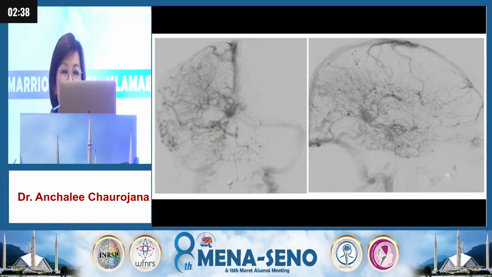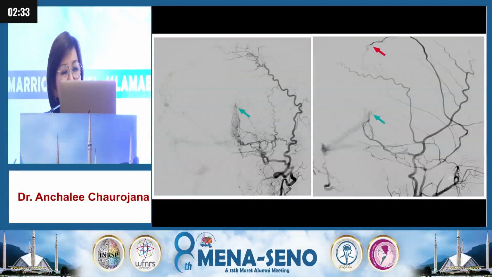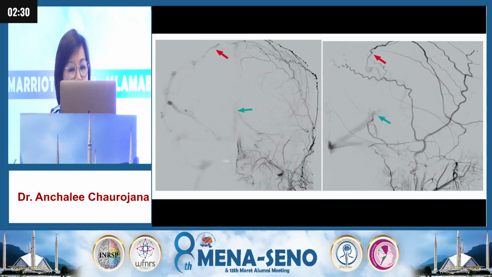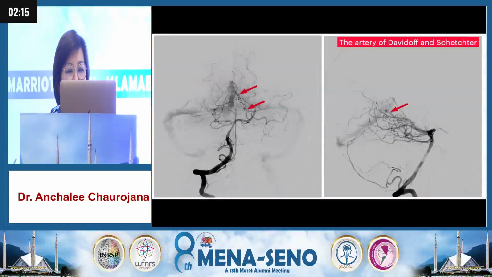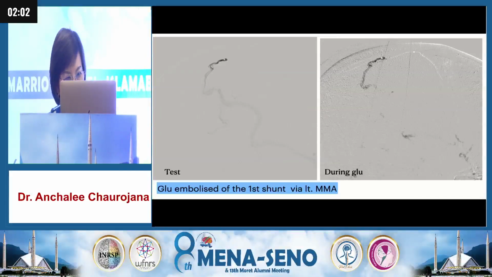Notice there is no filling of the deep venous structure and the straight sinus. Similar on the left side, and here there's a collateral, meaning the ipsilateral MMA crossing, according to the red arrow, to the same vein. After you recognize that, you know where to close. This is also the supply from the vertebral artery, and please notice this is the artery of Davidoff and Schechter that also supplies the midline falcotentorial shunt again.